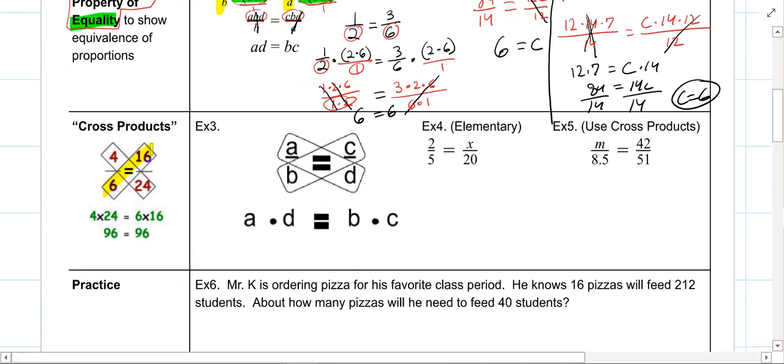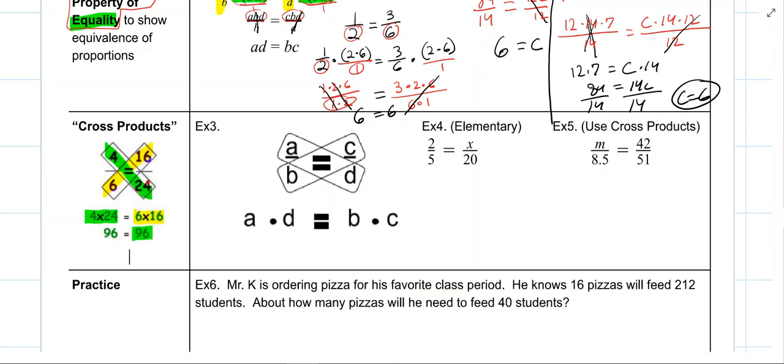This is 6 times 16 is equal to 4 times 24. See, 6 times 16 is here, and 4 times 24 is here, and they both equal 96.